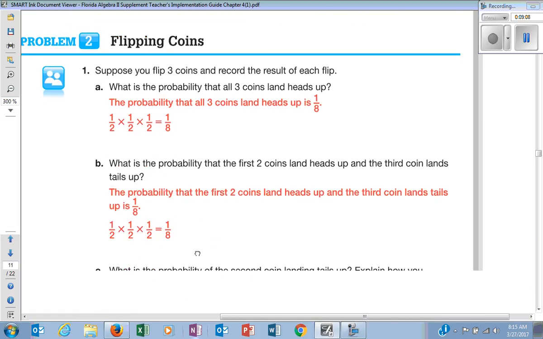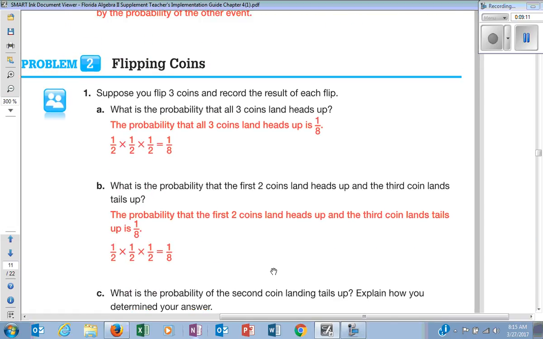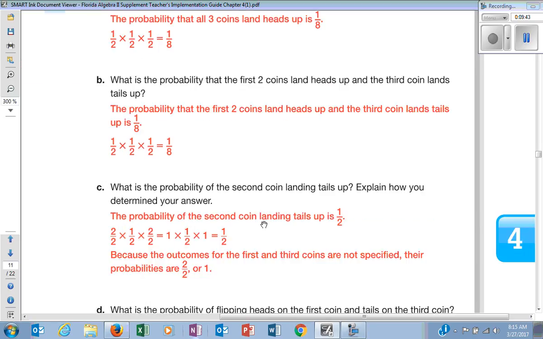What's the probability that the second coin lands tails up? How many events are still happening in this problem? How many coins am I flipping? 3. Do I care about the first event? No. Do I care about the third event? No. What's the only event I care about? And what's the second event I want to happen? Tails up. What's the probability of that happening? 1/2.